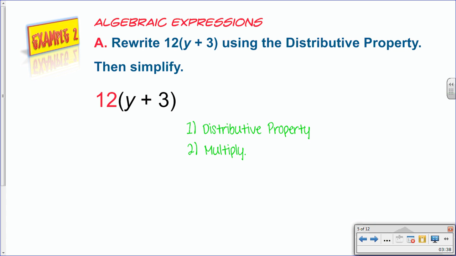Distribute. Okay, 12 times y is what? 12y. And then 12 times 3 would be 36. Good. Can I go any further? How come I can't go any further? Yeah, not like terms, I can't combine them, right? I don't have an equal sign. It's not equal to something, so I can't get y by itself, can I?